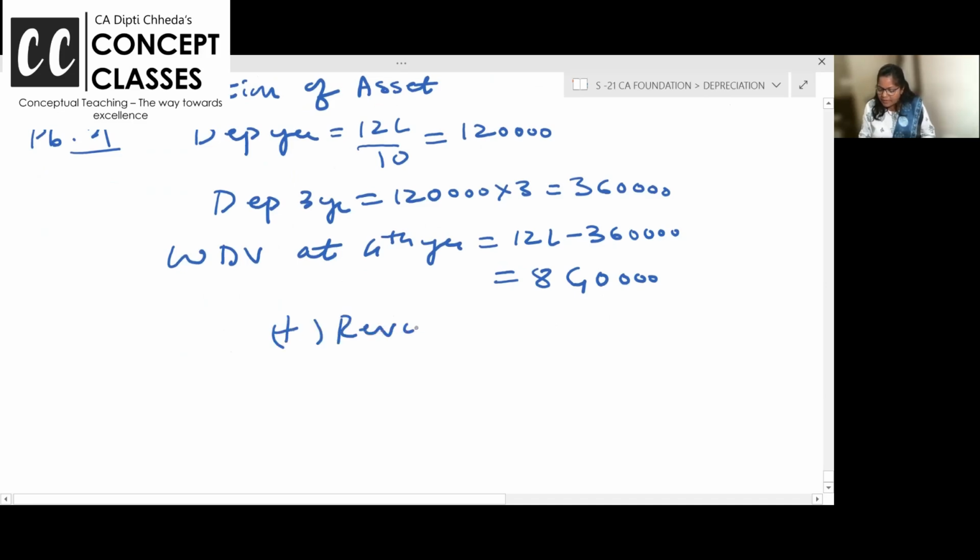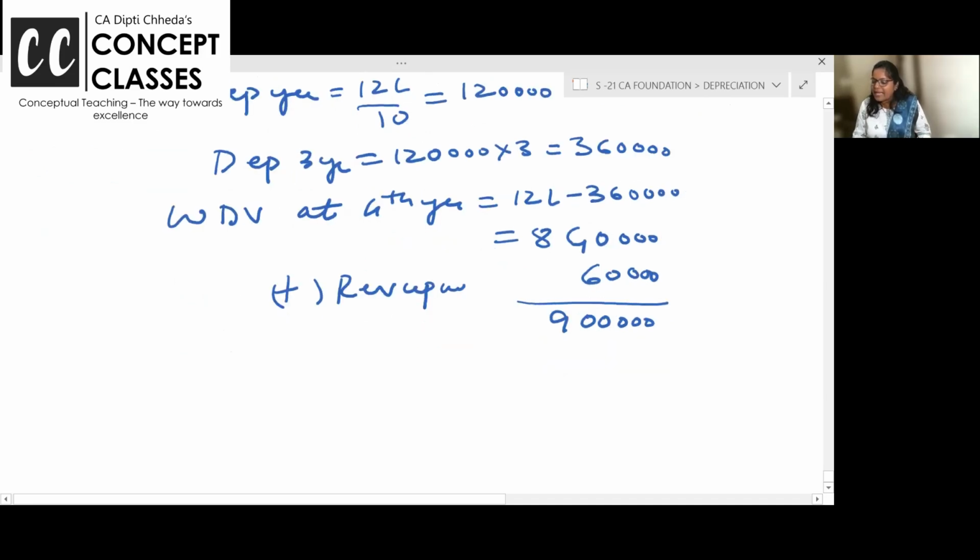Add revaluation upward, 60,000 more. When there is revaluation upward, machine cost will increase to 9 lakh cost.